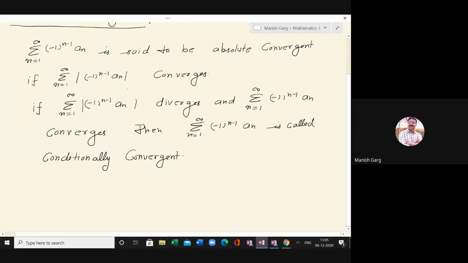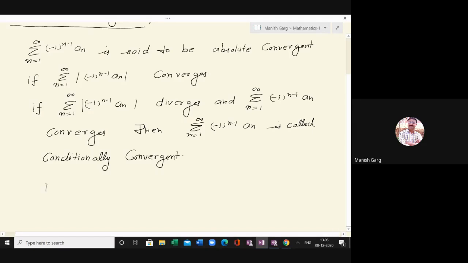So it is sufficient to show that the positive series converges, because we know that then the alternating series already converges. You have no need to write that. Now, if this diverges and the alternating series converges, then you can say this is conditionally convergent.